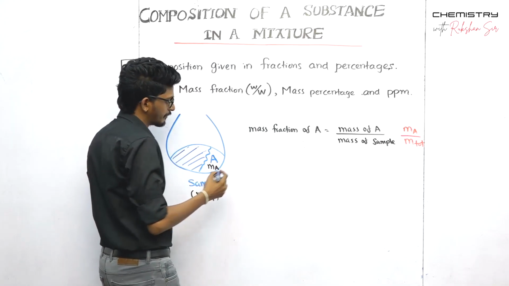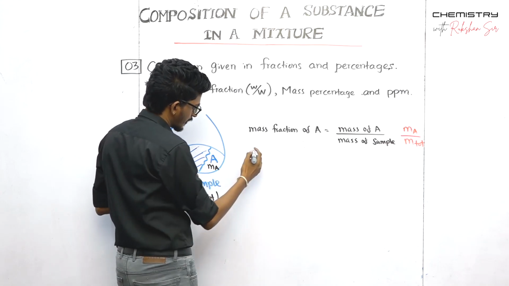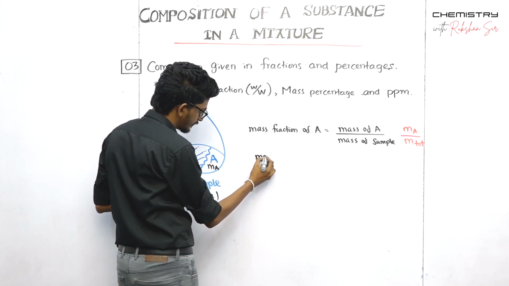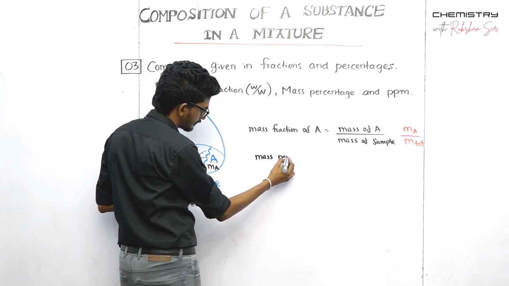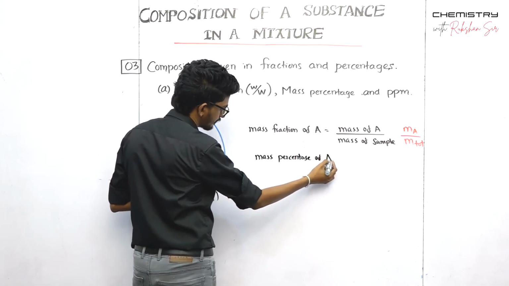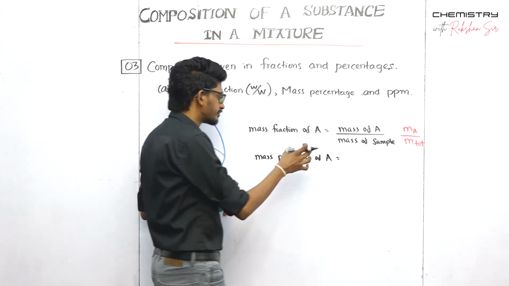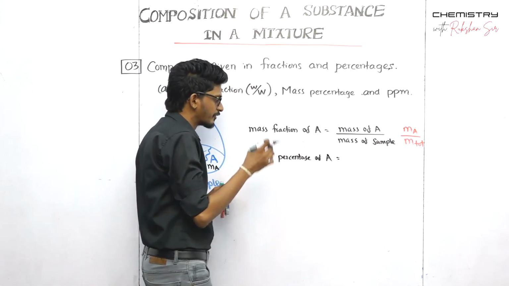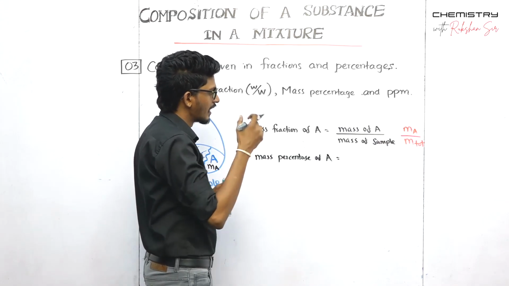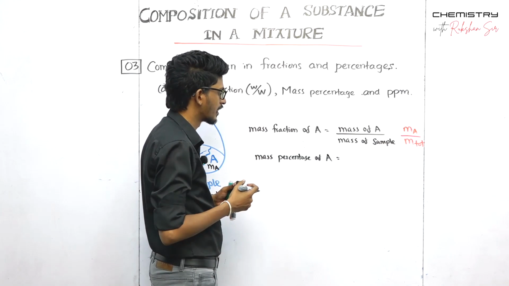If you think of the mass percentage of A, it is actually the number of mass units of A in 100 mass units of sample. That is the idea.